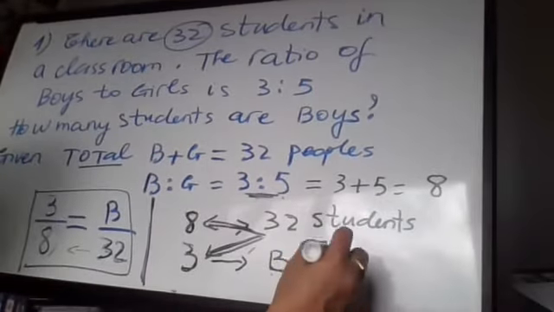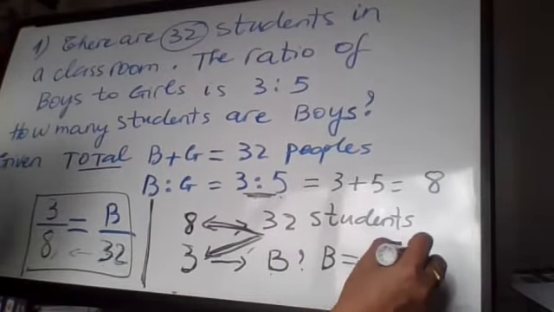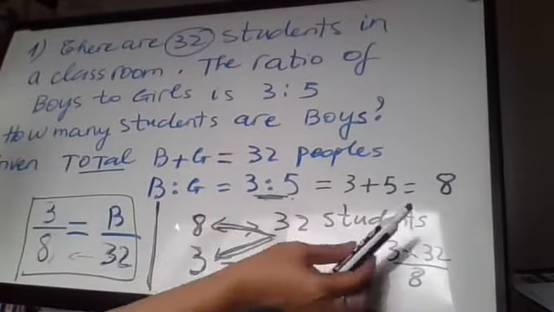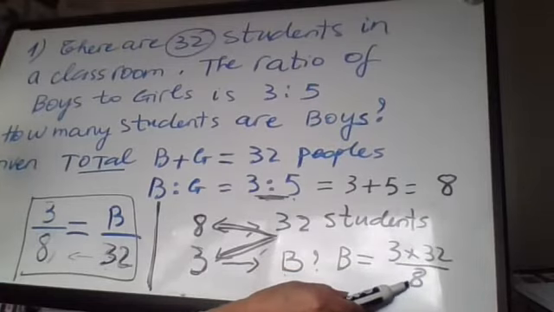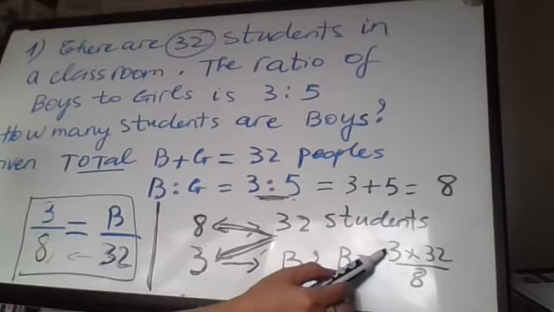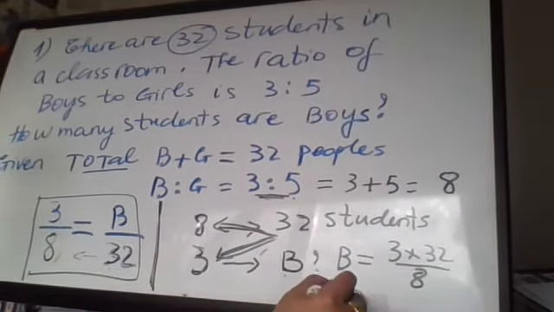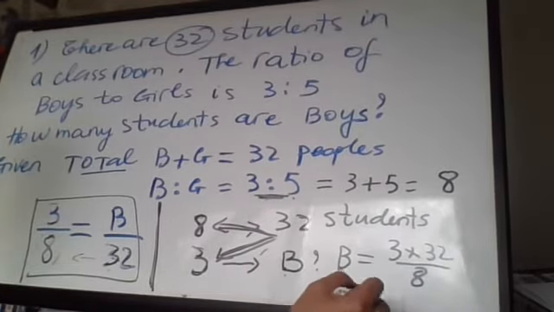So the boy will be equal to 3 times 32 cross multiply divide by 8. What it means is you have 32 students, you divide by A portion, and the 3 portion is the boy, so you multiply back with 3. The answer here is 32 divided by A is 4. 4 times 3 is 12.